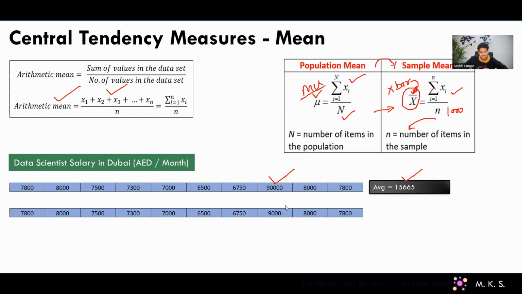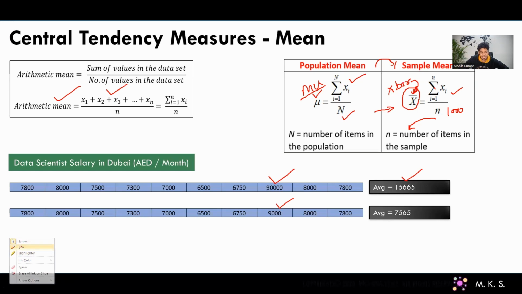Now this is 90,000. Let me create a new data where we have 9,000 rather than 90,000. So all the values are consistent. There is no outlier in this second set of data points, right? So here we have 9,000, here we have 90,000. Now the mean of this particular data will change to 7,565.